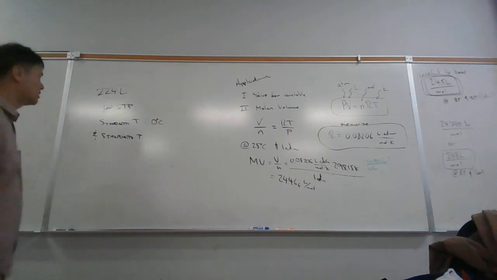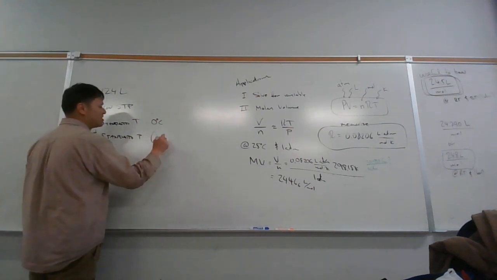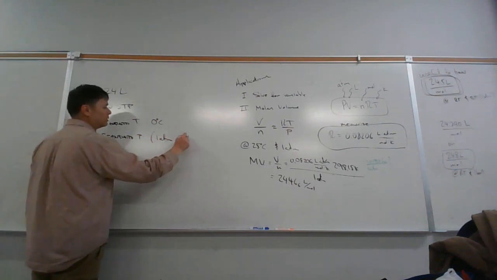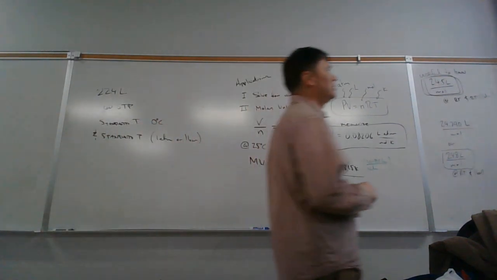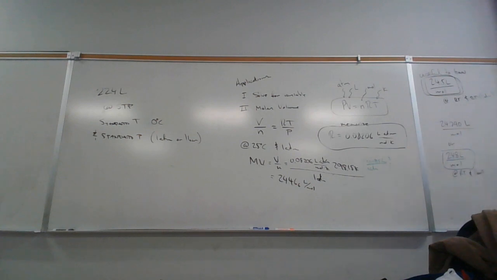And so is this standard pressure 1 atmosphere or is this standard pressure 1 bar? Atmosphere. And so this is, find out, let's see. I'm saying they changed it. This is for atmosphere.